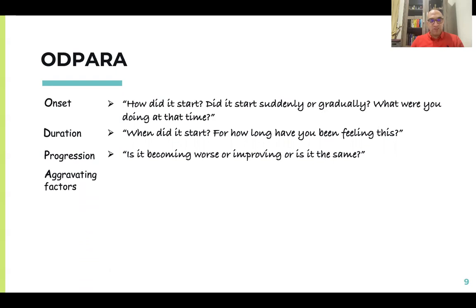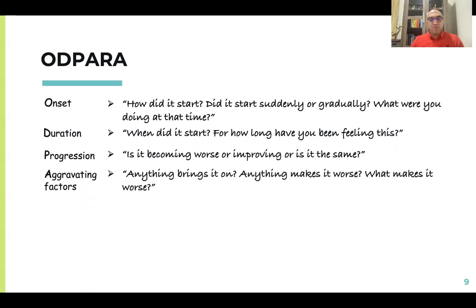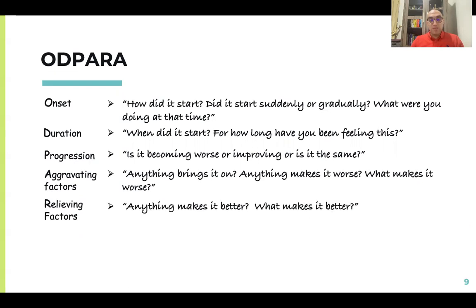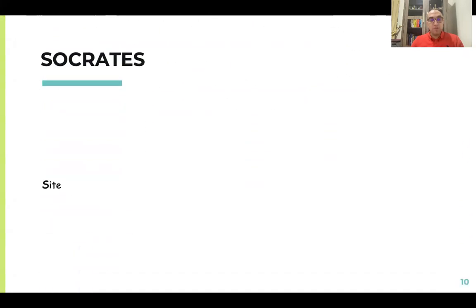For aggravating factors, what makes it worse? And for relieving factors, what makes it better? And lastly, A for associated symptoms. Is it accompanied by any other problems or any other symptoms?